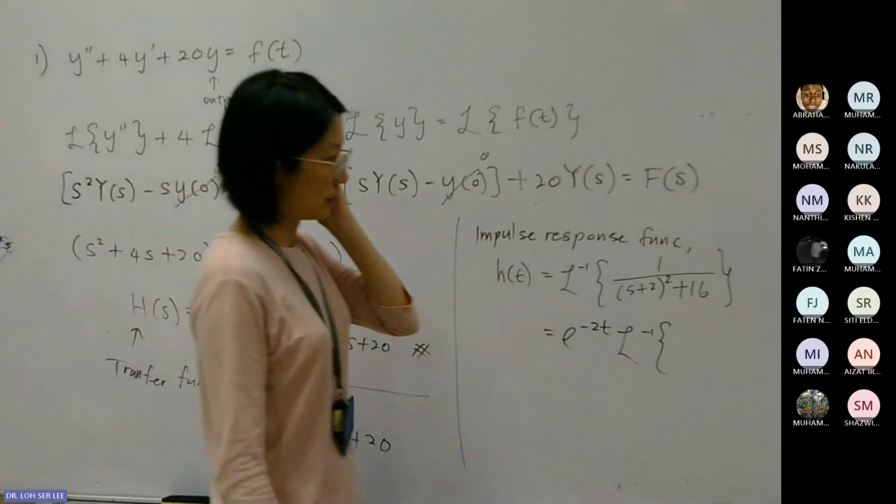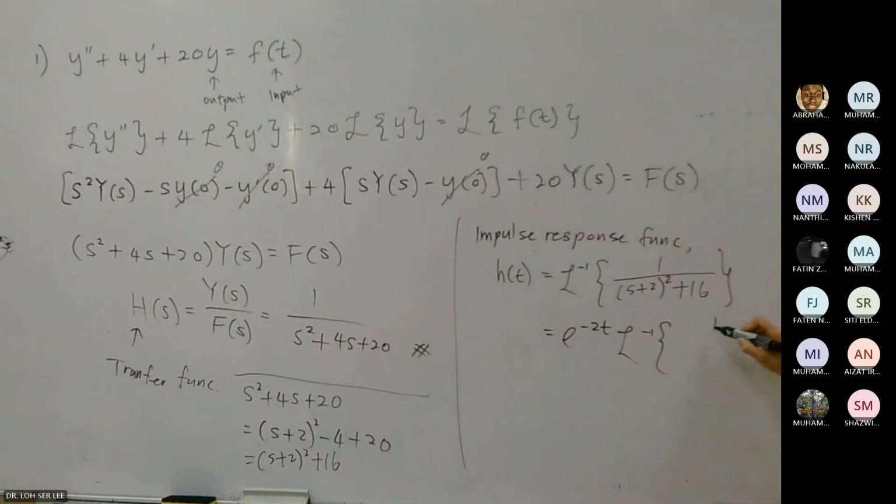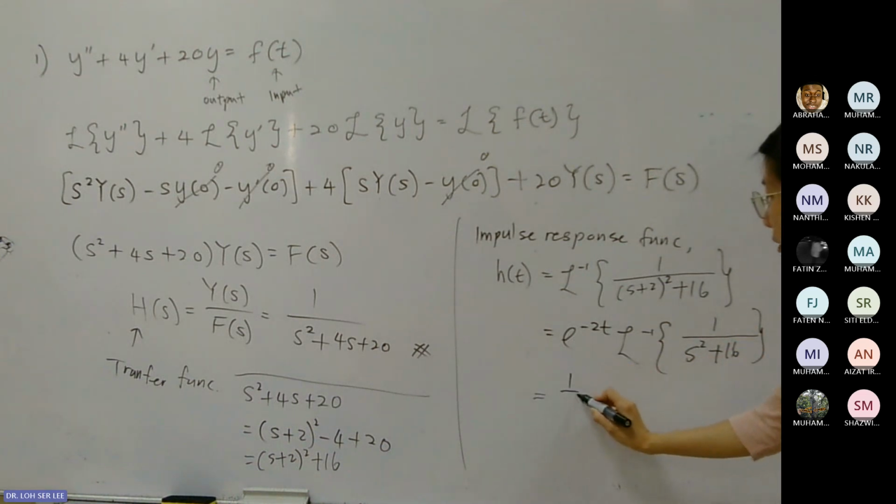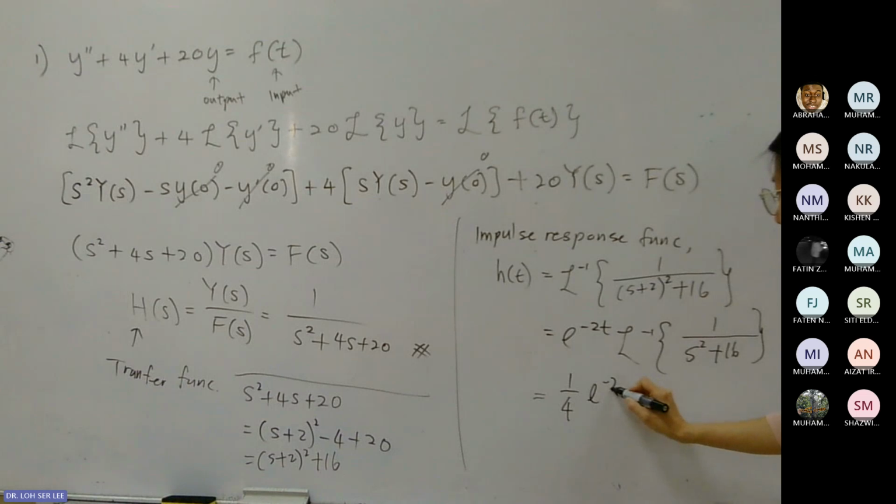So what is left in the bracket? s squared plus 16. So the final answer: we need a 4, so 1 over 4 e to the negative 2t sine 4t.